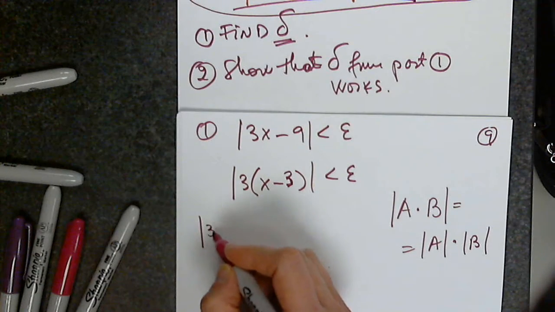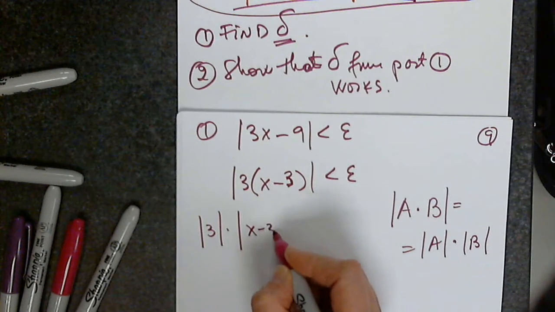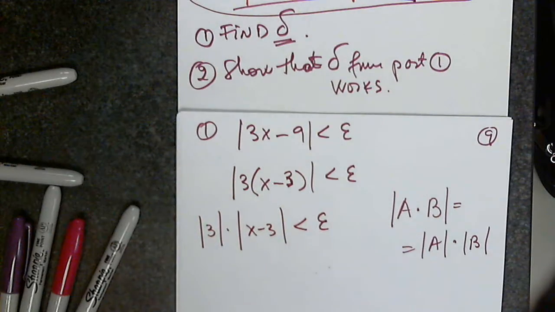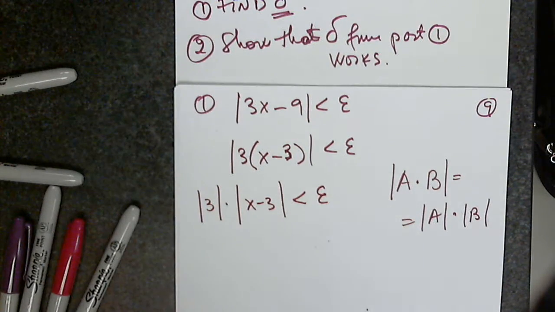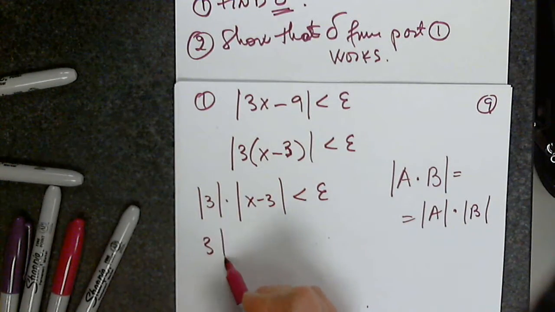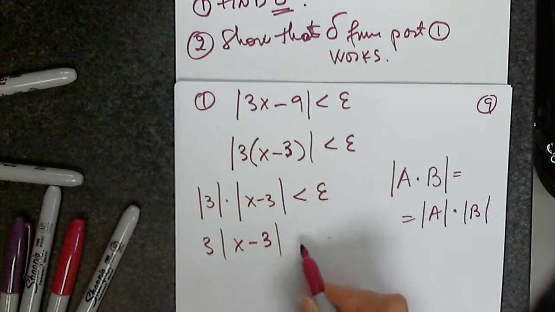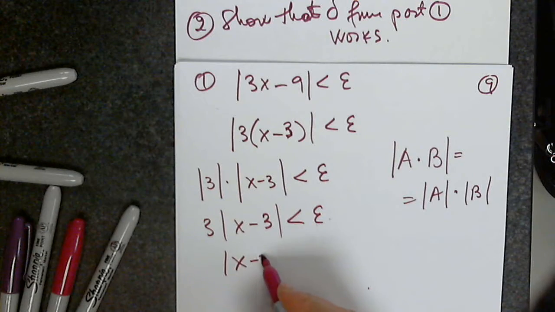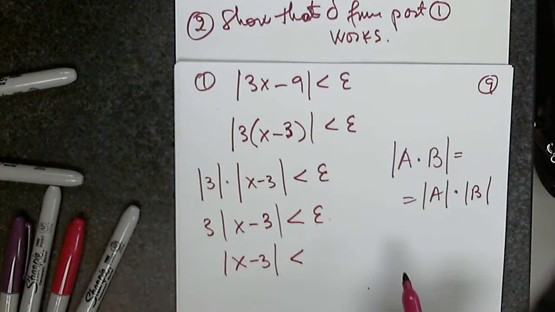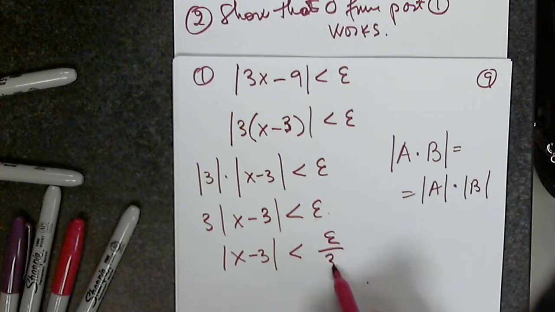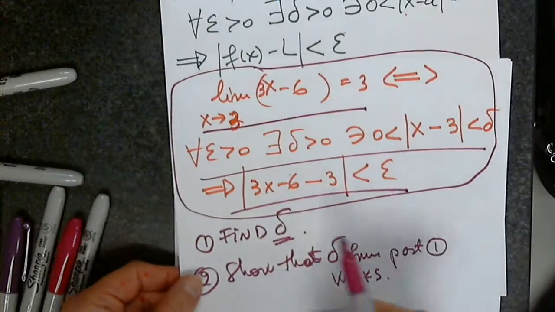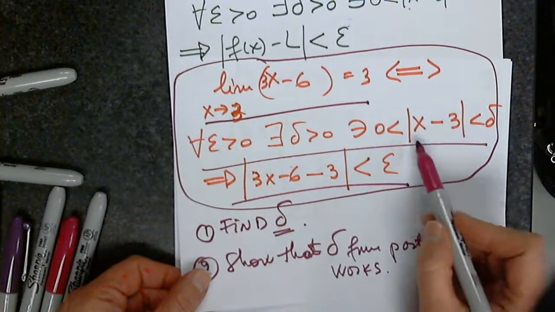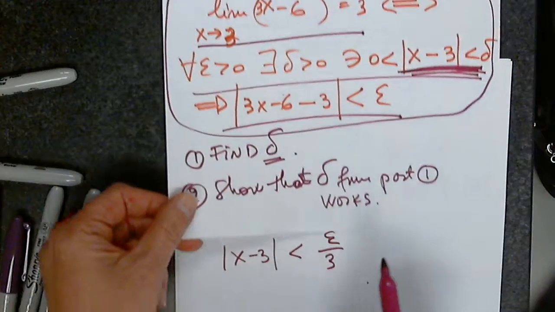So the absolute value of 3 multiplied by the absolute value of x minus 3 is less than epsilon. How much is the absolute value of 3? 3. Times the absolute value of x minus 3 is less than epsilon. Therefore, the absolute value of x minus 3 is less than epsilon over 3. So I started here, and I got this.